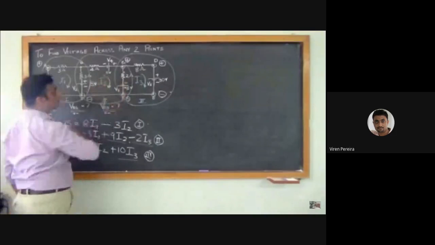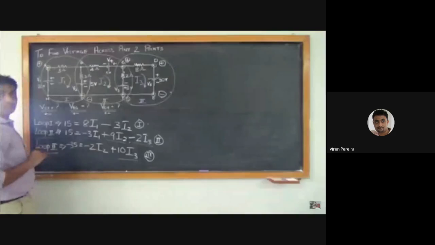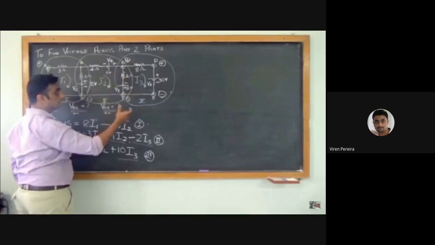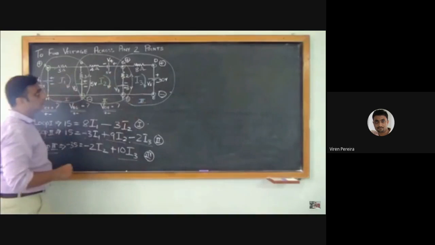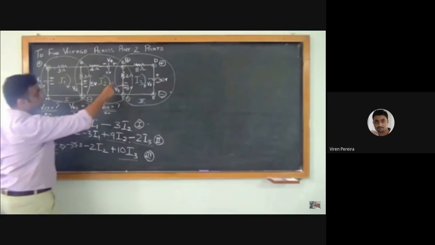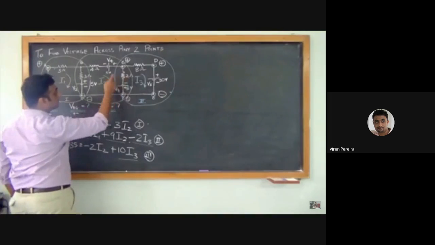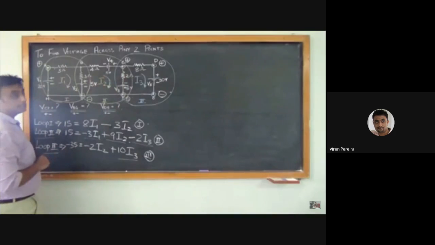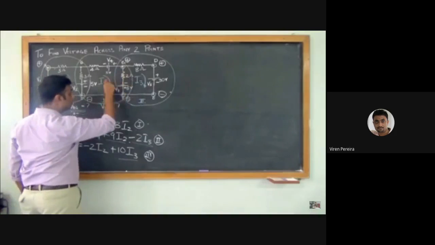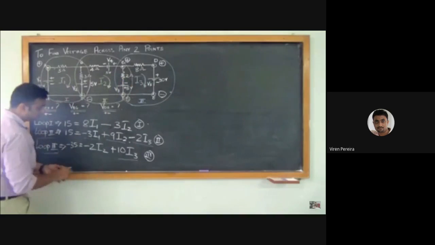Now, any other current from the other loops which is interacting with that resistor pertaining to the loop that we want will be taken as minus. So 2 ohms is interacting with the I2 current, so it is taken as minus 2I2, which is written here.